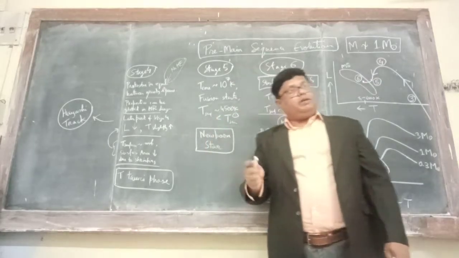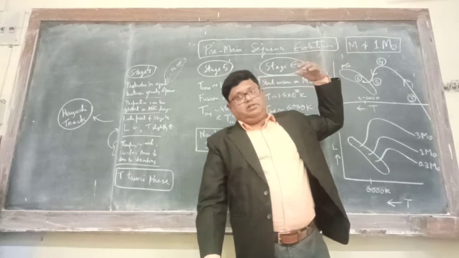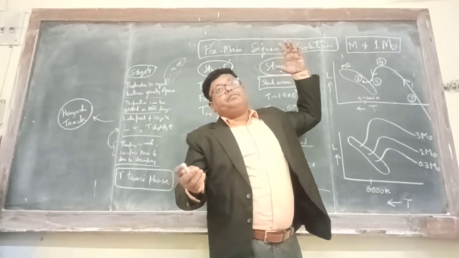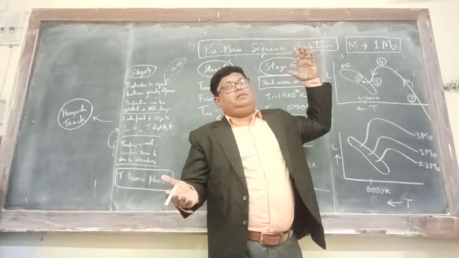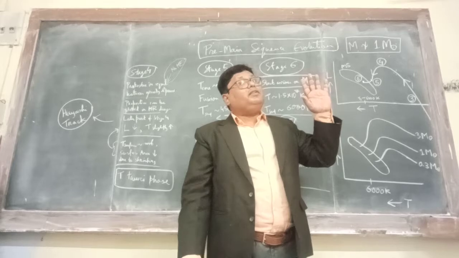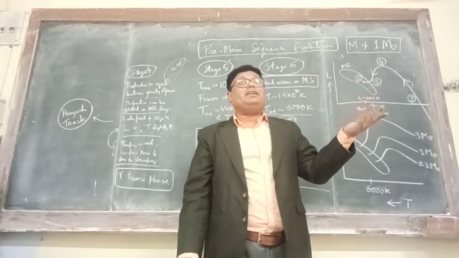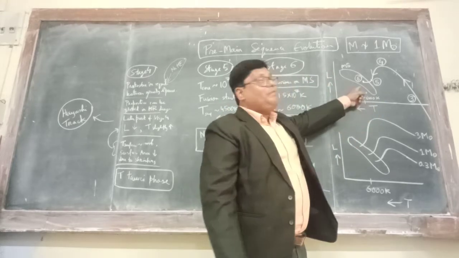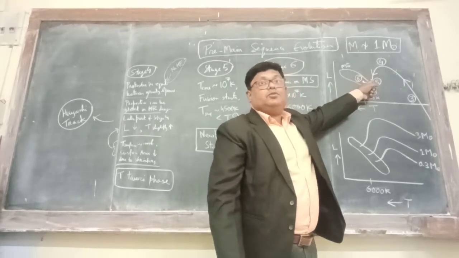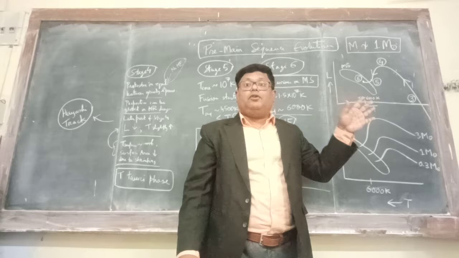So you must remember that in this pre-main sequence stage, stage 5 is where we have the newborn star. But still it has not entered the HR diagram. No, it has entered the HR diagram, but it has still not entered the main sequence. This is important. So stage 5 is where the newborn star is formed.